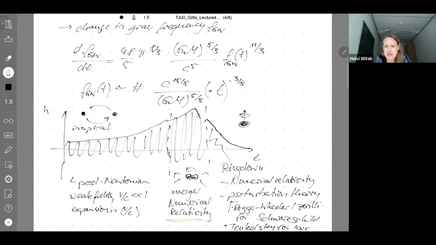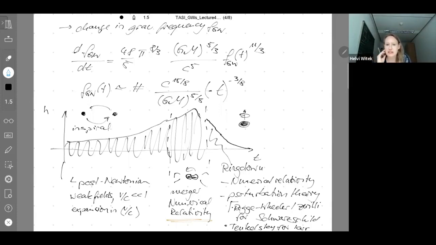Okay, so Jonathan is asking in the chat, how can we get the final or radiated mass from the signal? For this final bit, the merger and the ring down, there are actually two ways of getting this information.